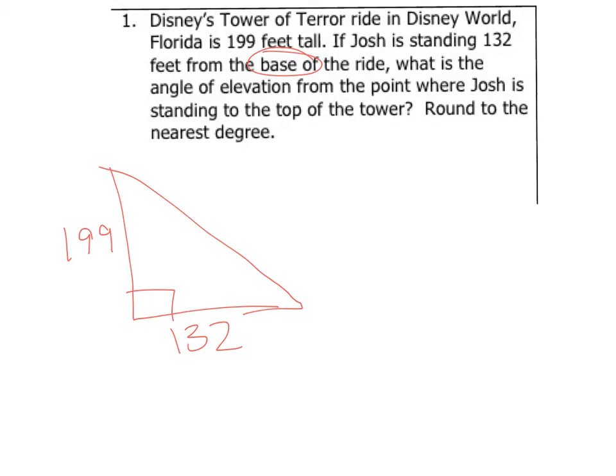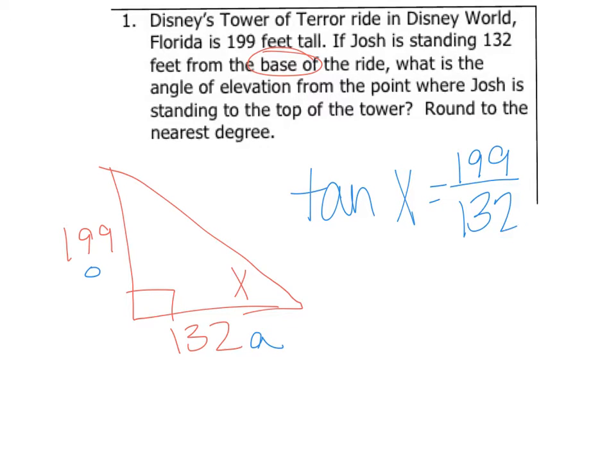With an angle of elevation or angle of depression, I always put it in the bottom corner. I'm solving for an angle, which means I'm going to be using inverse trig. Label your sides. We have O and A. O and A means tangent. It's the tangent of x is equal to 199 over 132.